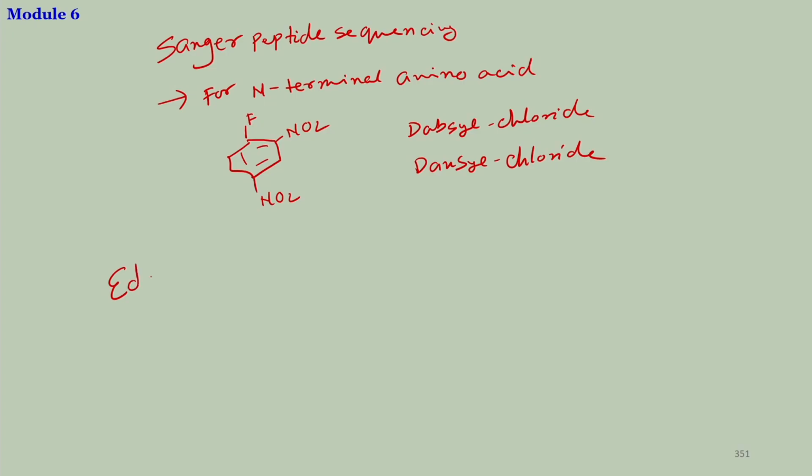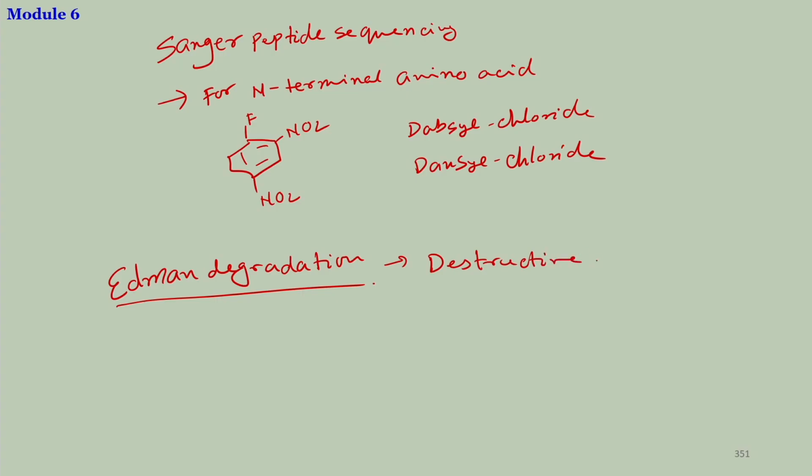Next, in order to determine the full sequence of the peptide or the protein, we used the Edman degradation method. As we have seen, this is also a destructive protocol, because you do not get back your sample.